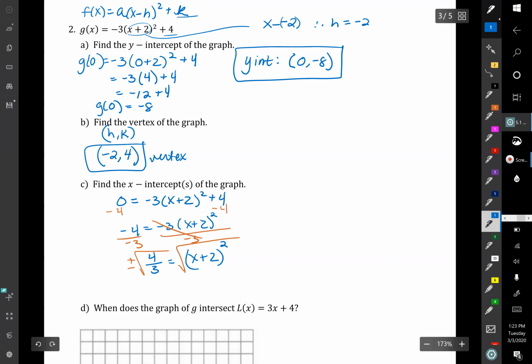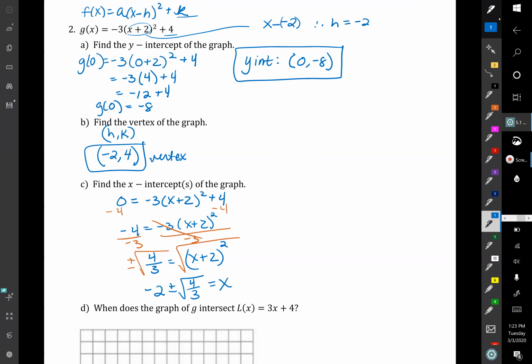So then I can kind of subtract the 2 at the same time if you want. So I would get -2 plus or minus the square root of 4/3 equals x.